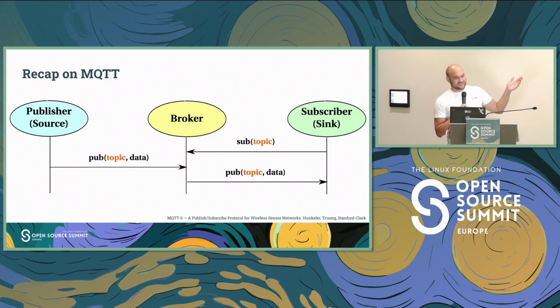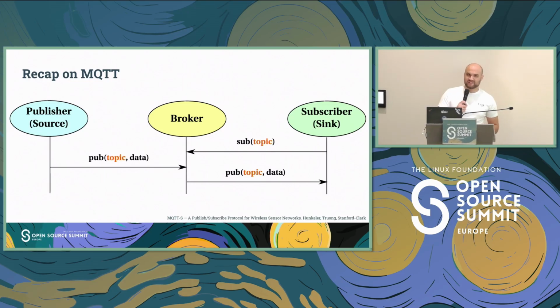Short recap, what is MQTT? MQTT is a messaging protocol widely used in the IoT sector and other areas, where the core concept is that sources and consumers of data or messages are separated from each other by a broker.